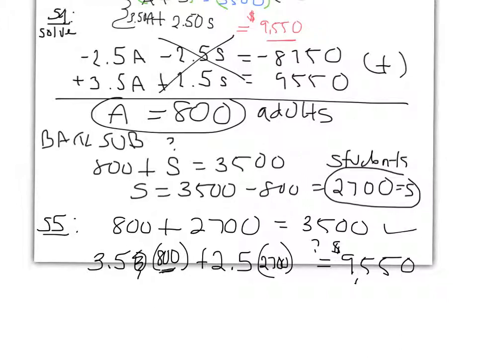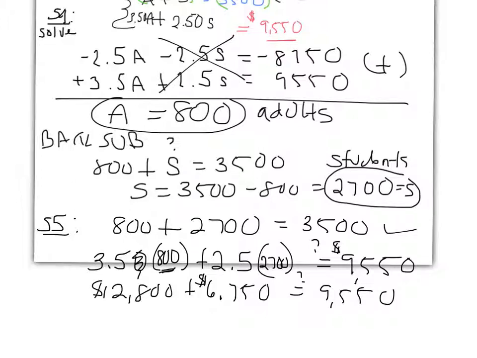So 800 adults attended. How much money did they make off 800 adults? They made $2,800. And 2,700 students attended the game at $2.50 apiece, 2,700 times 2.5 is $6,750. And so does that give you the actual total? It does. If you add them up, it does give you 9,550.